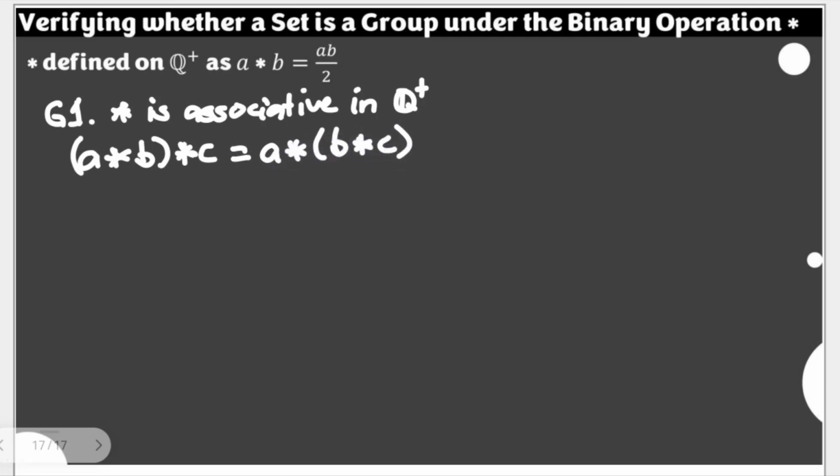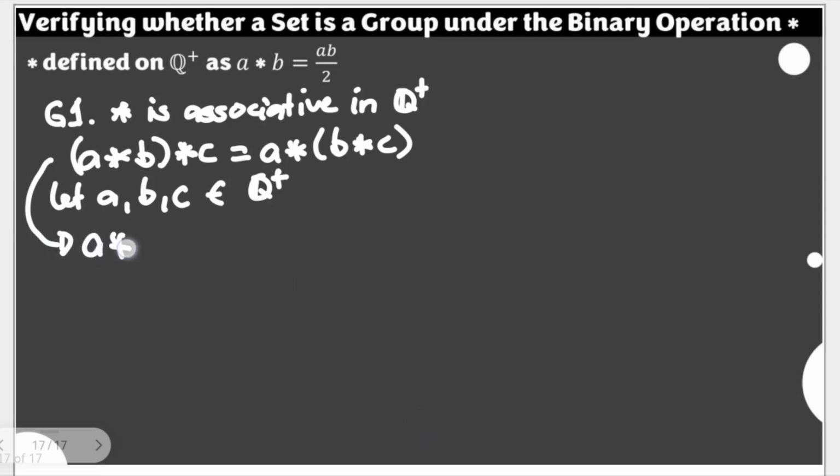So we are going to let a, b, and c be elements of Q plus, so that we could apply it here. Let's start with our left hand side. When we have a star b, it's already given that this is equal to the product of the 2 elements over 2.